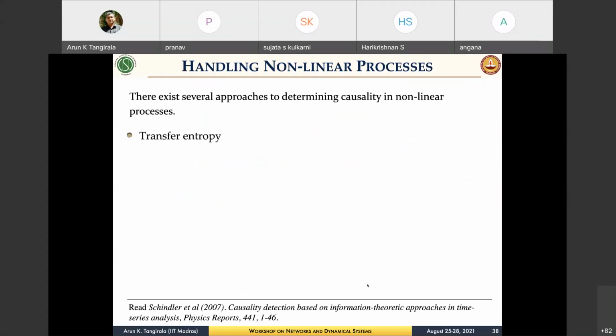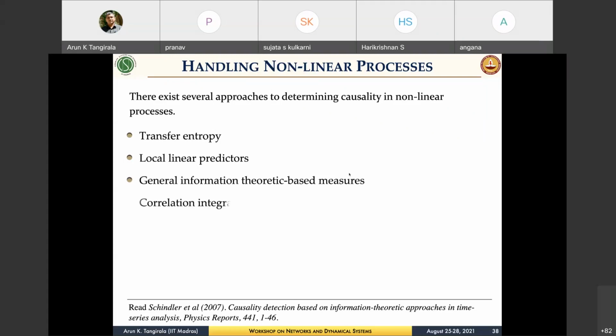And not just our method, there are many other methods that are based on transfer entropy. So instead of using standard correlation-based approaches for the linear world, you use transfer entropy. Or you can use information theoretic measures or correlation integral, or use kernel-based ideas, which is what we have used.